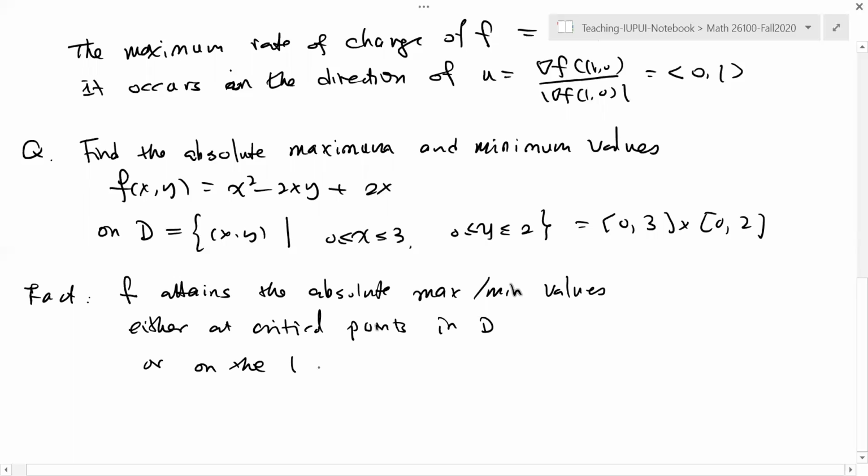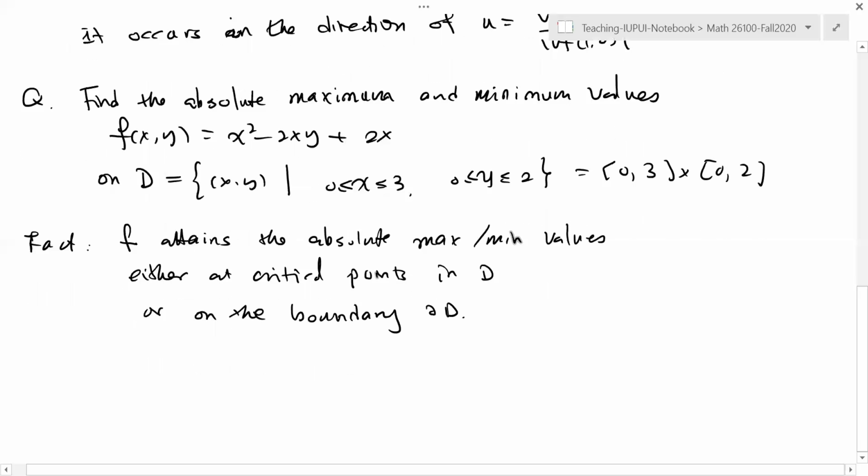Now, on the boundary, sometimes we face another problem, right? The boundary is a curve that consists of 4 pieces here. Sometimes you can handle the boundary directly, sometimes, if the boundary is a circle, then you probably use a Lagrange multiplier to find the maximum value on the boundary.